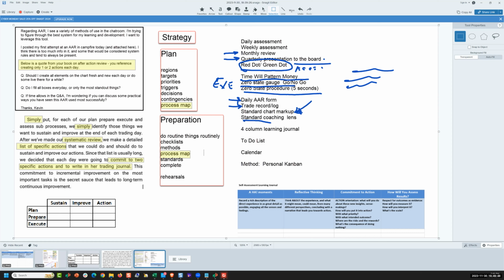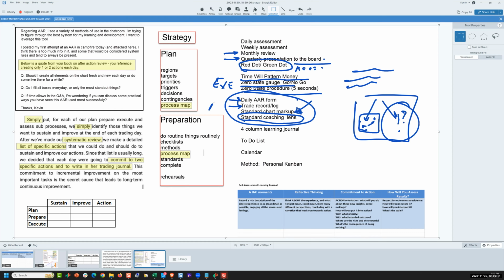And then I use the standard lens to look at the things that were on the chart that I didn't see. If I traded from here to there, I look at not only this, but I also look at the other part where I didn't trade. And is there something happening in the market when I'm not trading that I'm missing that I want to get? So all of that I'm doing for assessment.